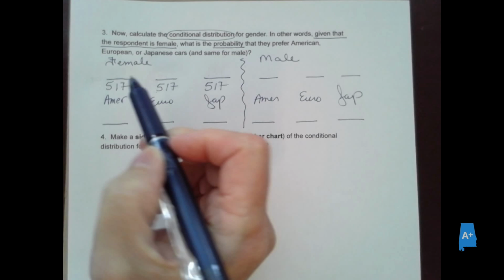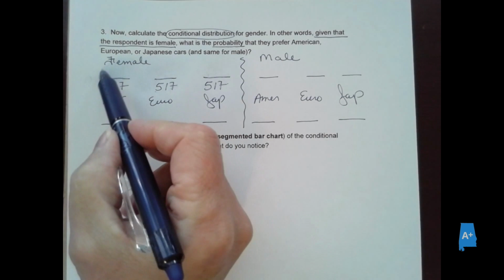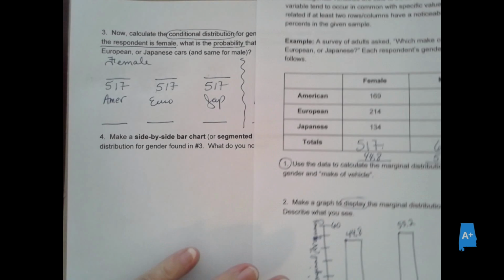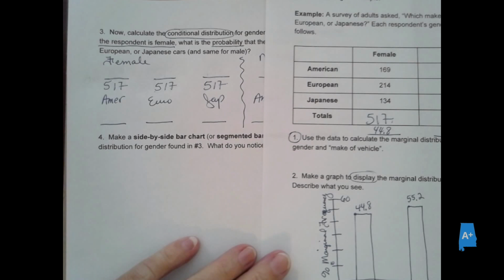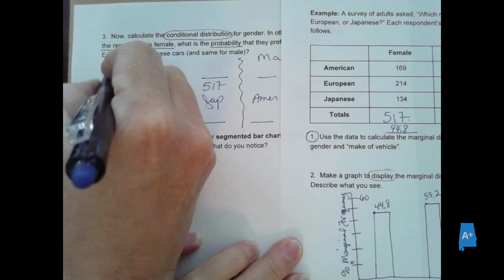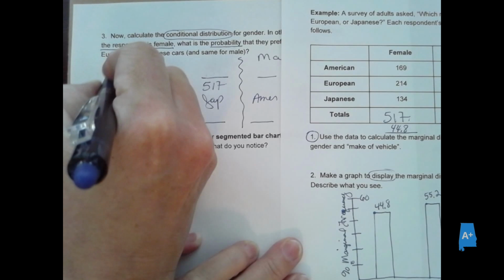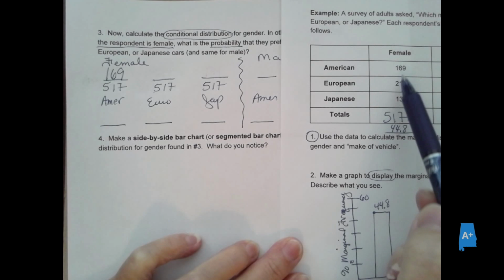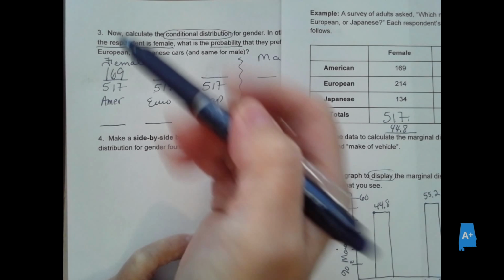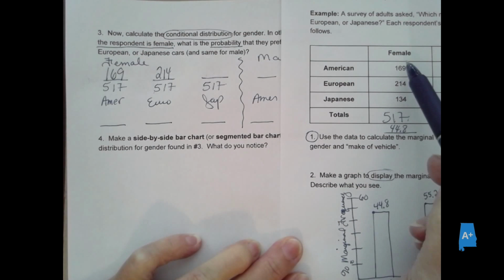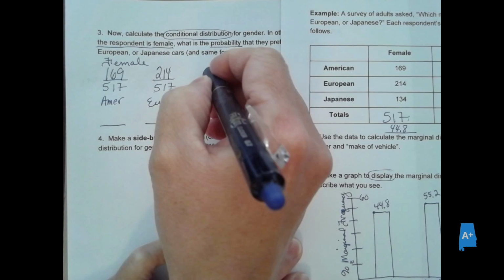The top has to be the females that like American. So again, let's look at that chart a little bit while we're doing both of these. So that is 169. So you can see where I'm getting those numbers. For the European, it's only the female I can look at, and that's 214. And then the Japanese is 134.